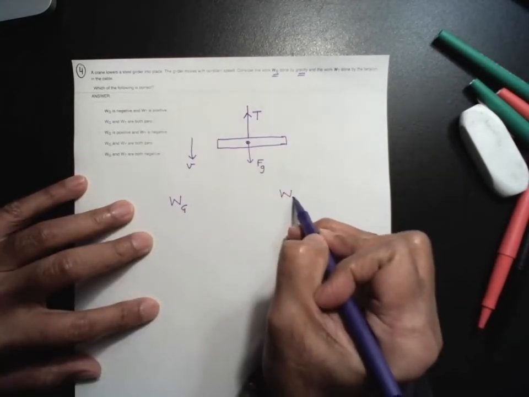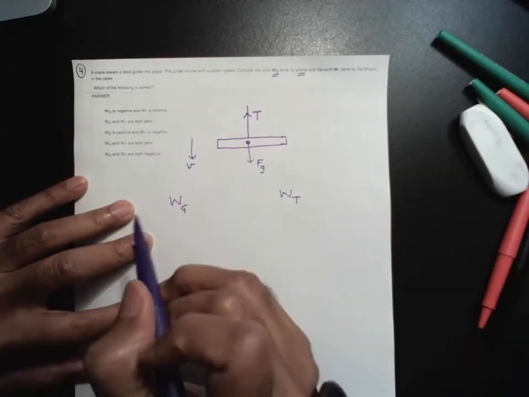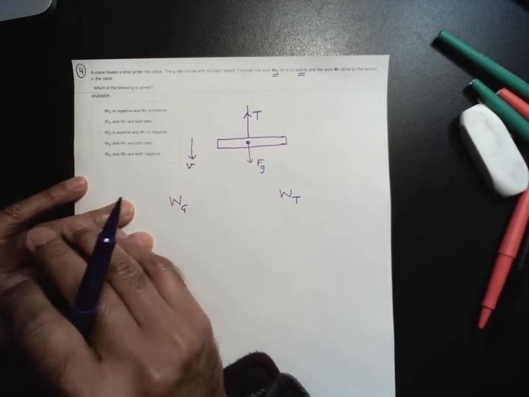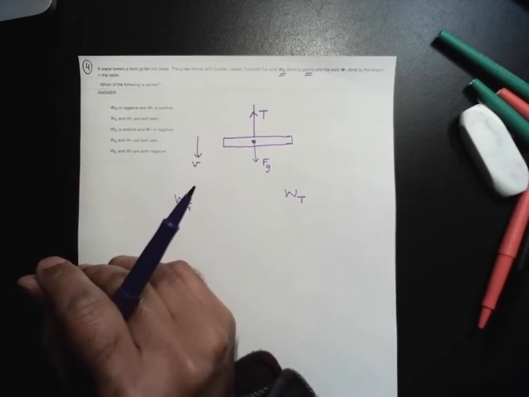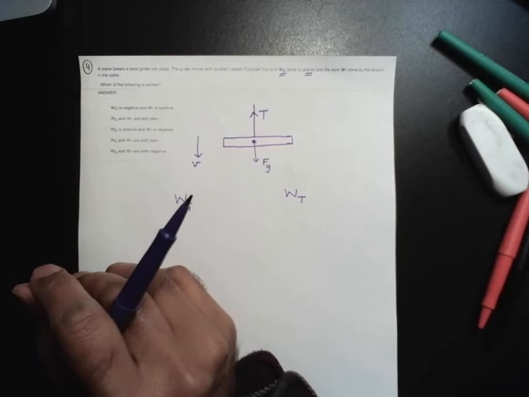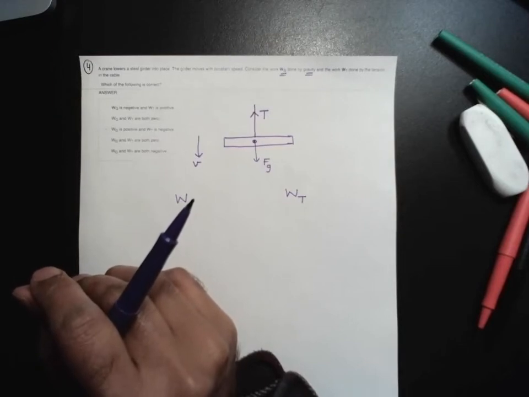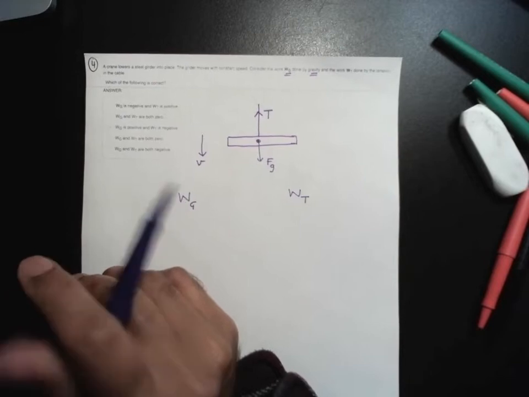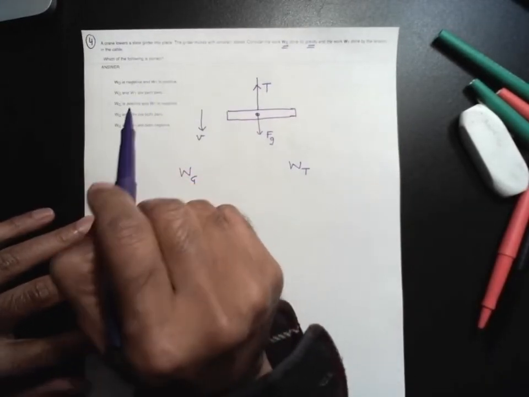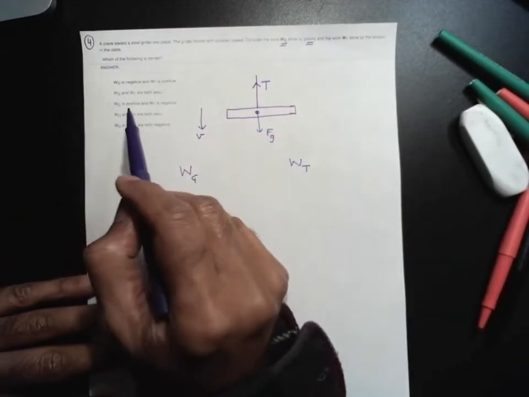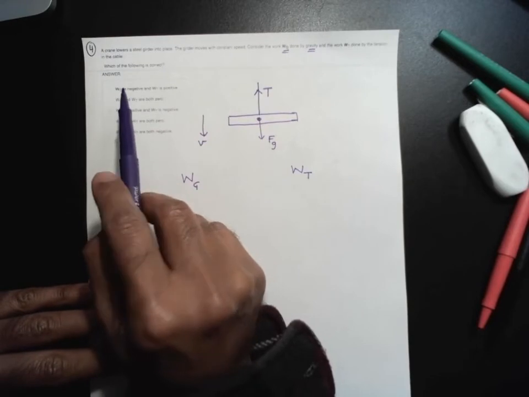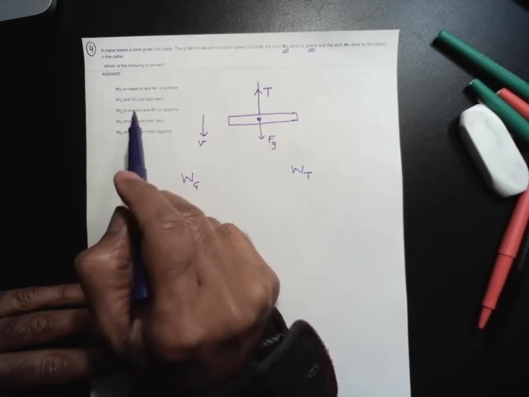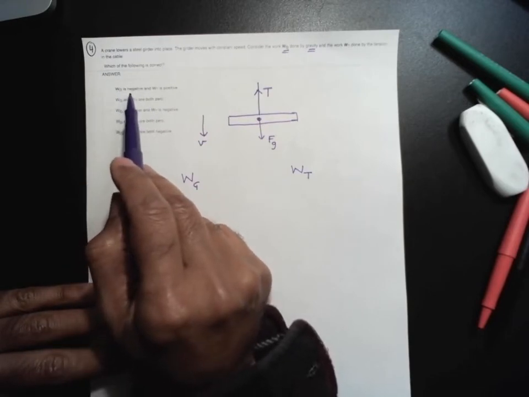And so work done by tension. So we have to consider them. That's the considering pose. You put your fingers below your chin and you consider. So which of the following is correct? So several choices. And it seems I read the choices and they're talking about negative.